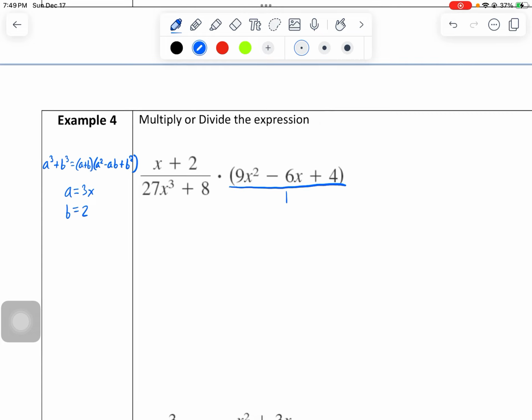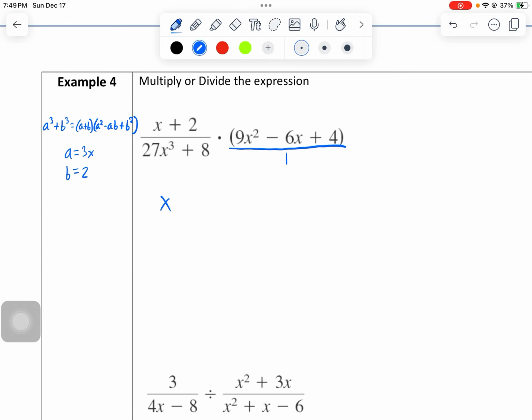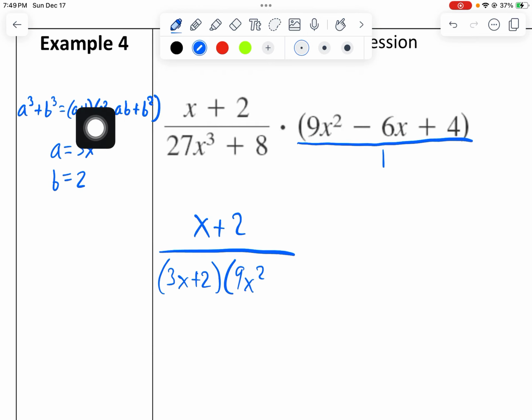So then I'm going to rewrite this. I'm going to keep the x plus 2 on the top, but the bottom is going to be 3x plus 2 times, and then it's 9x squared, because I have to square the 3. I'm just following this formula, minus 6x plus 4.